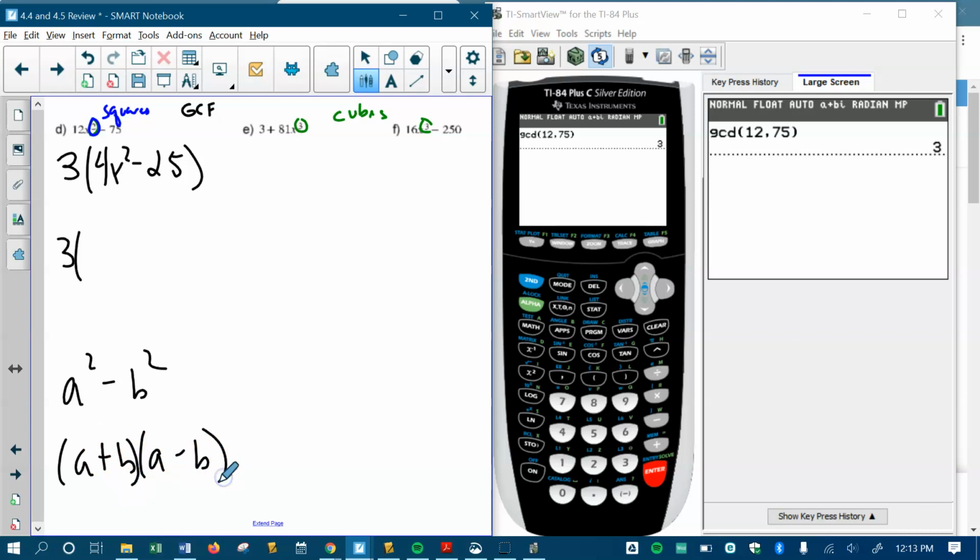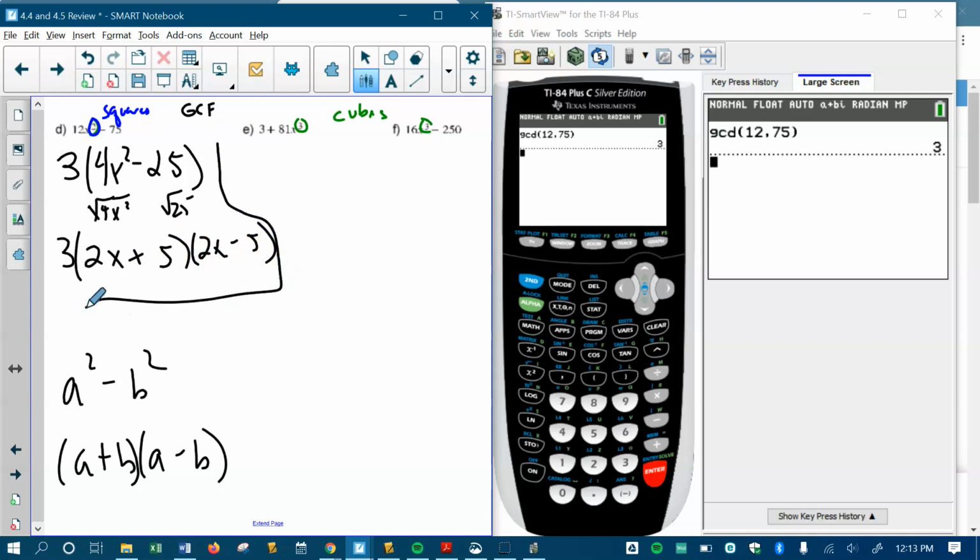It's the square root of each part. So the square root of 4x squared is 2x, and the square root of 25 is 5. So 2x plus 5, and the same exact thing again, but with the minus sign. And that's all for D. That's your answer.